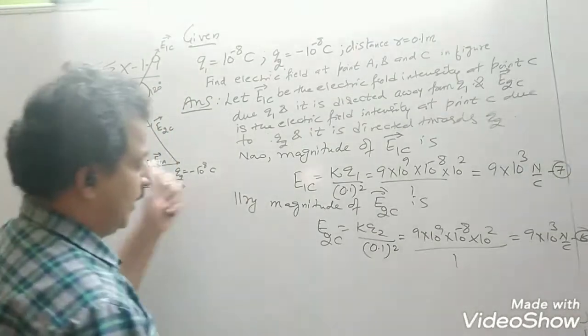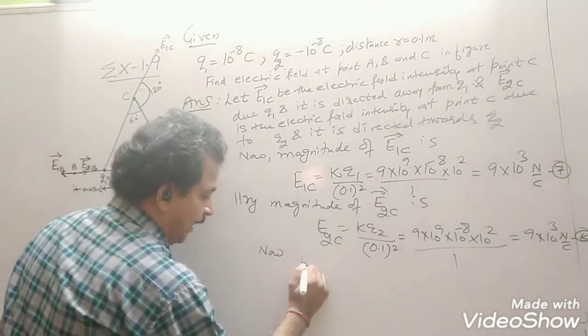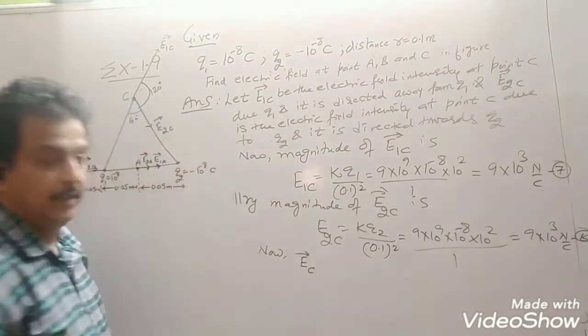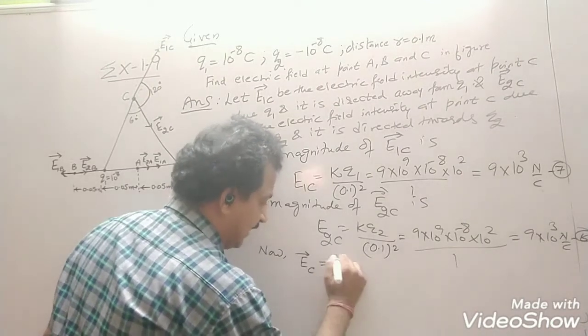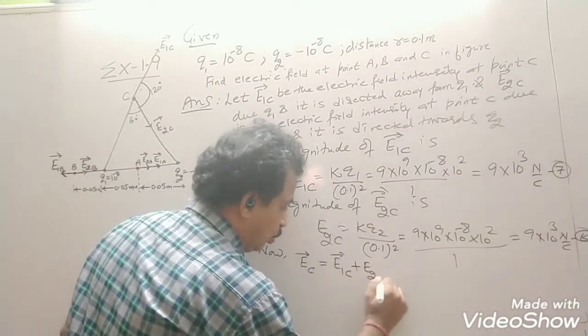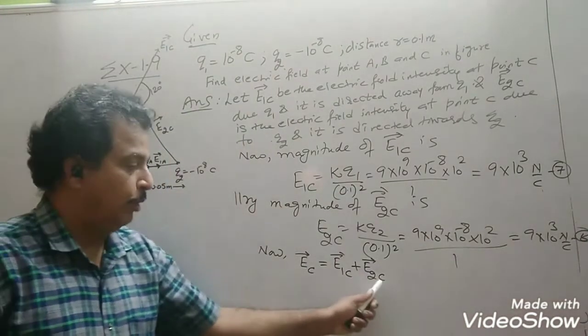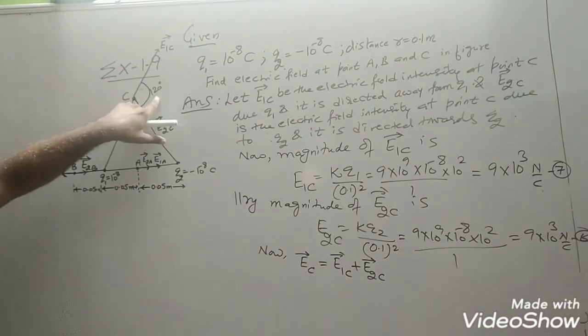Now as explained earlier in example 6, in vector form, I am writing EC. EC will be read as the resultant electric field intensity at C is equal to E1C plus E2C. Now this equation is in vector form because both the directions are making an angle 120 degree.